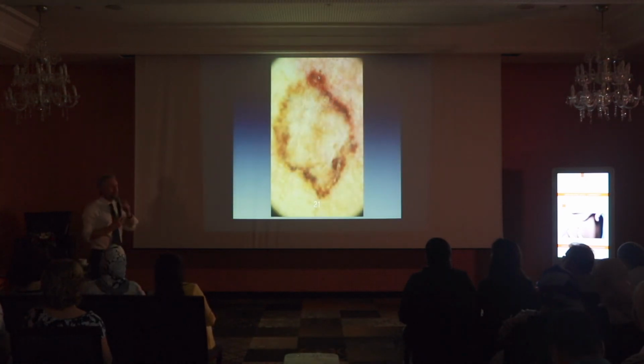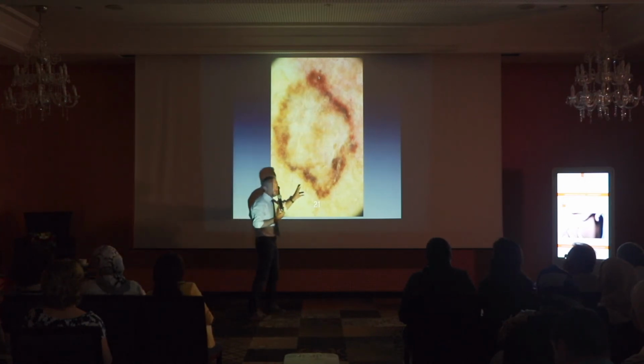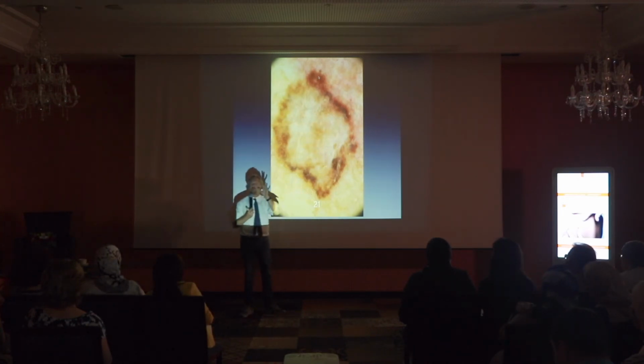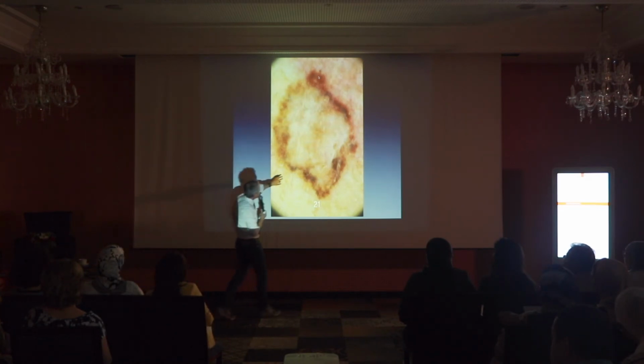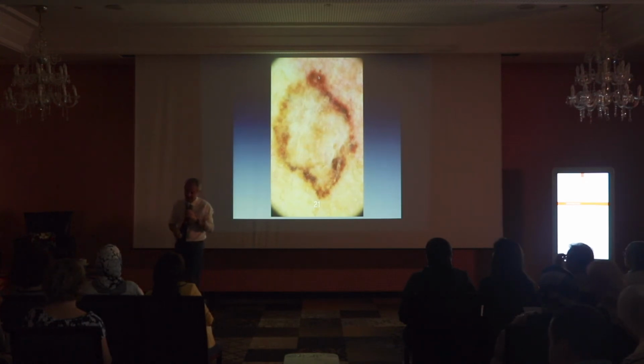I understand that you don't see too often this kind of melanomas because these are typical for fair-skinned people, skin type 1 or 2, because there is not too much pigment, so there is just a little bit of pigmentation at the periphery, network, and a lot of regression in the center.